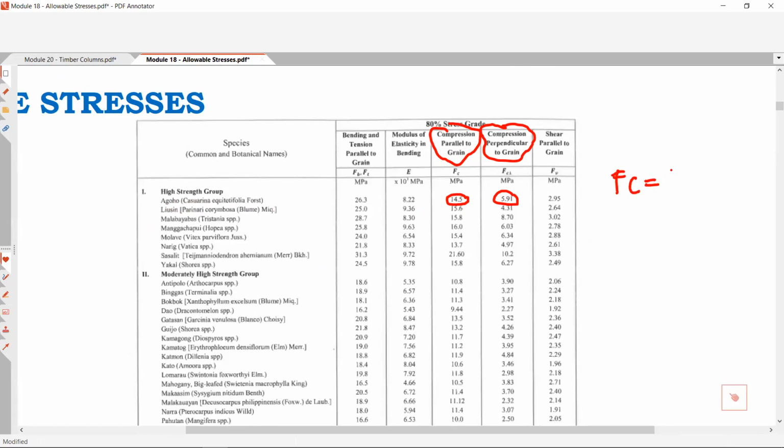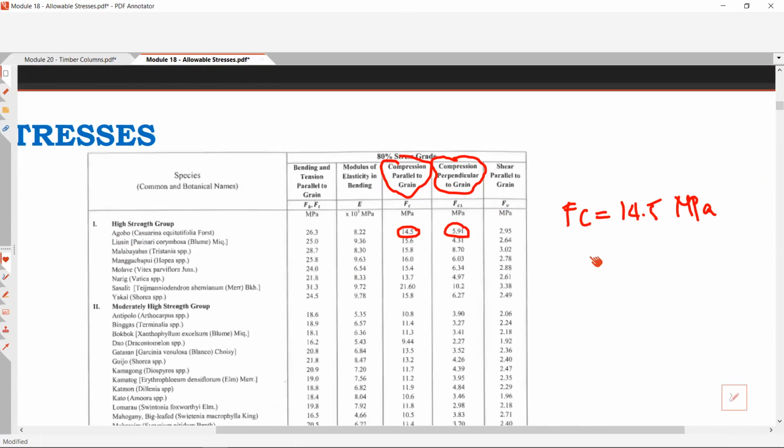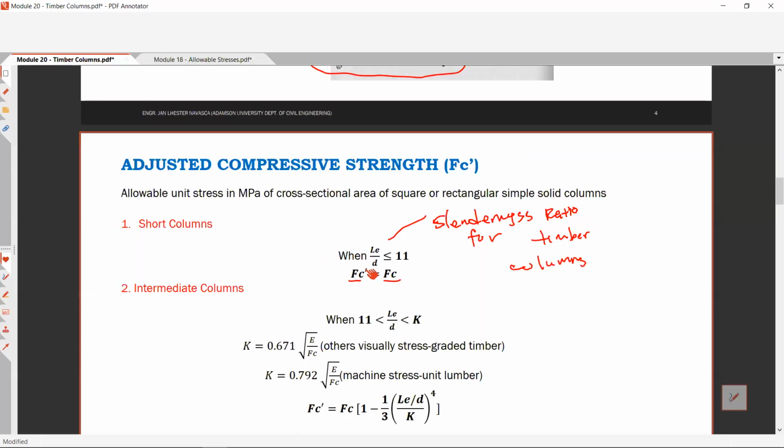FC mo is equal to 14.5 megapascal. So you are using 80% stress grade. So 80% yung quality ng grade mo dun sa column mo. Okay? So when your column is short, 100% of this capacity will attain, marireach niya yung capacity na to kapag short column siya. So therefore, your FC prime is equal to your FC.